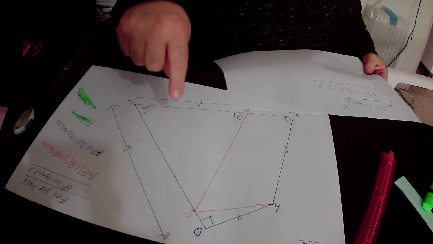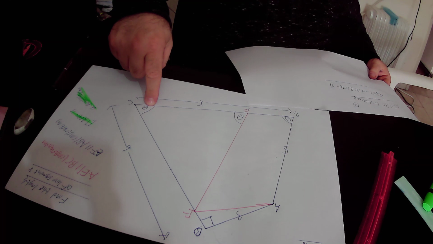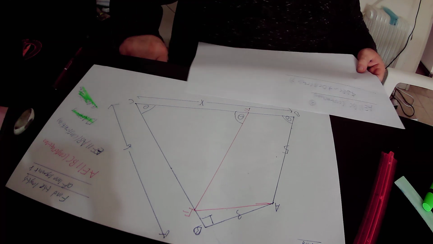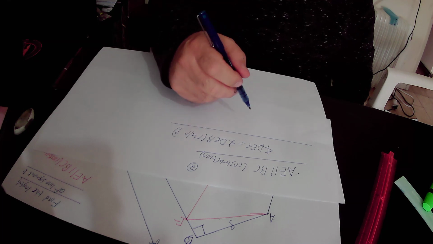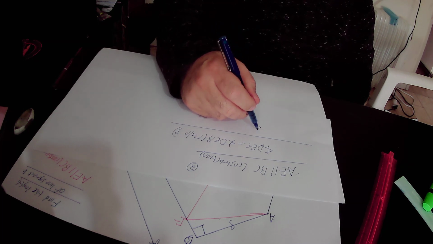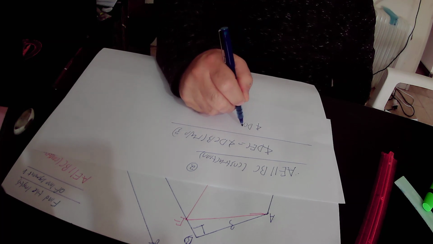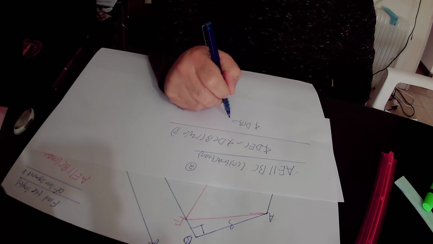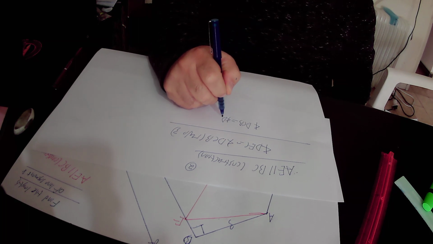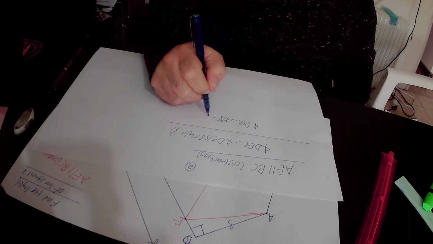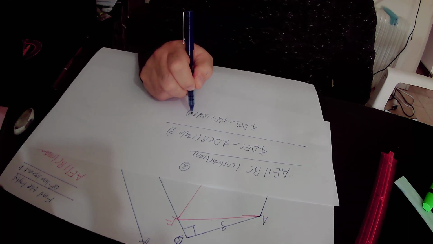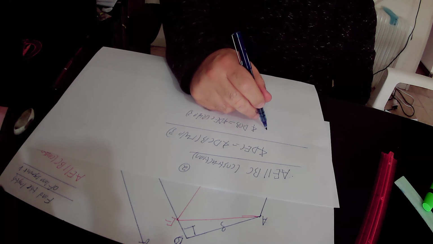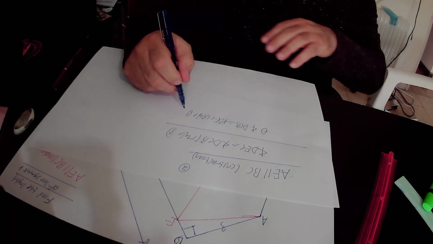But angle DCB equals theta according to what is given in the question. I write it again, angle DCB equals angle DEC according to rule number 3, and angle DCB equals theta according to what is given in the question.